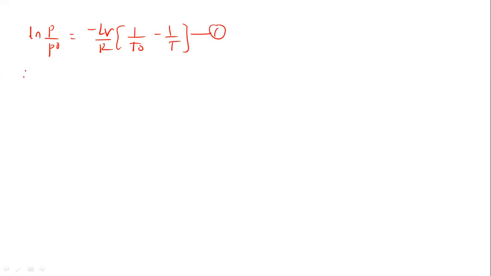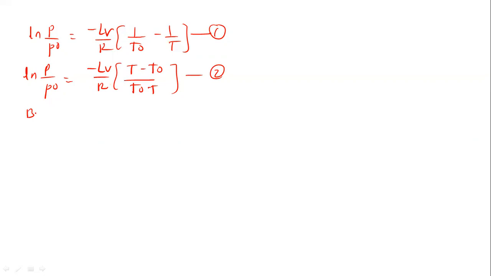So we can write this equation now: ln P/P0 = -LV/R × (T minus T0)/(T0 × T). Suppose this is equation 2.